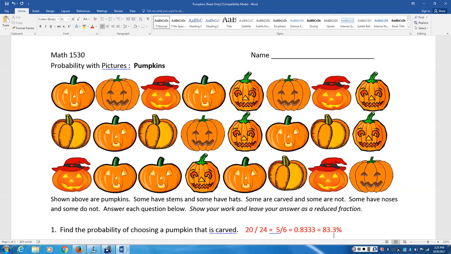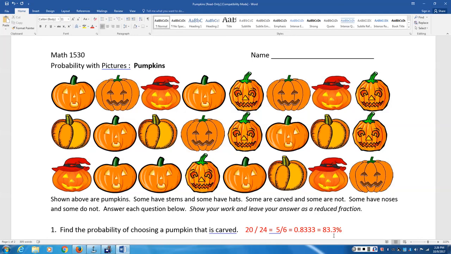If I count this one as having triangular eyes, and then I count him again as having a nose, he was counted twice. So was this one, and that one, and that one, and this one, and this one. I counted a bunch of them twice.